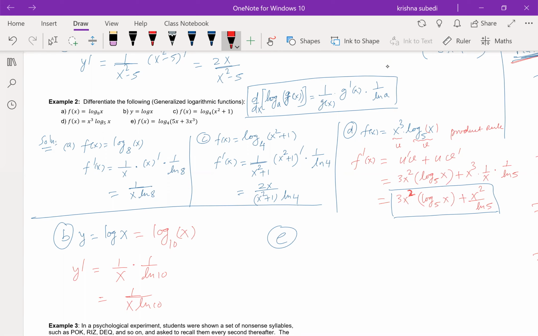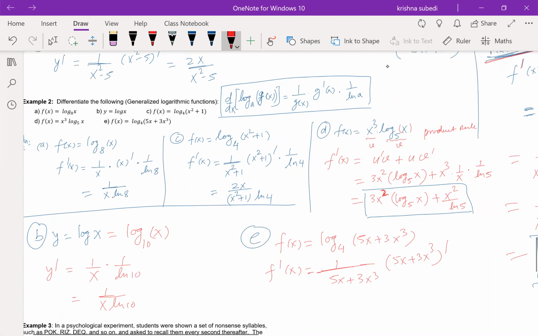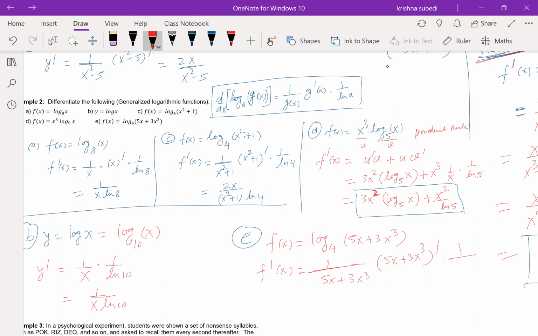Now, part E is, I know many of you have already done it, but let us verify the answer right now, okay? Log base 4 of 5x plus 3x cubed. So your derivative is going to be 1 over 5x plus 3x cubed, and then you need to find the derivative of this 5x plus 3x cubed, and then you need to write one extra factor, which is ln 4.